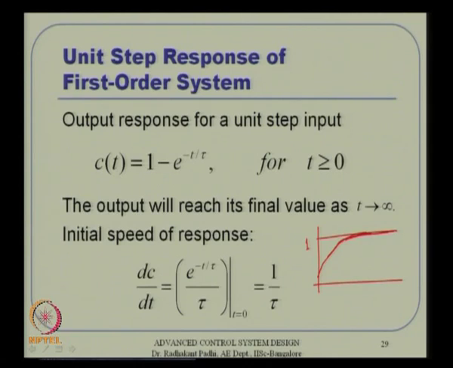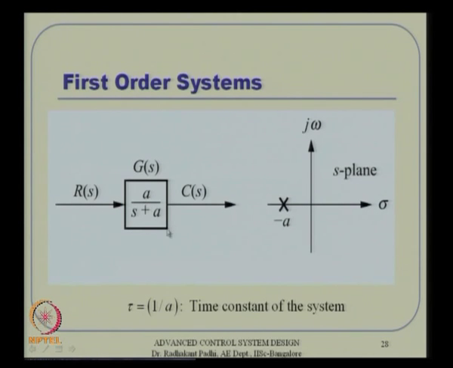Remember, as t goes to infinity, this part goes to 0, and you are left with 1. That is primarily because of having a by a here. If you have b by a, that may not happen, as we saw last class.